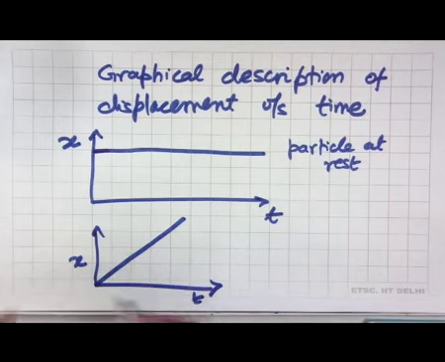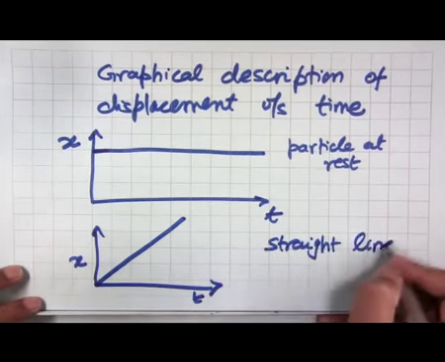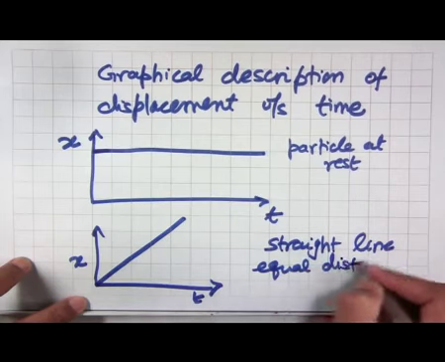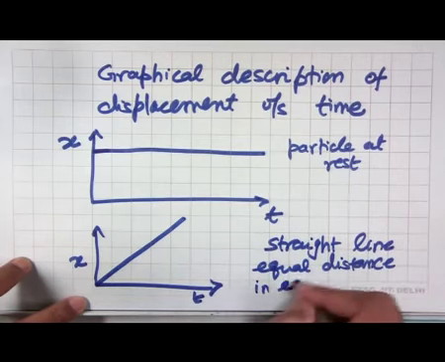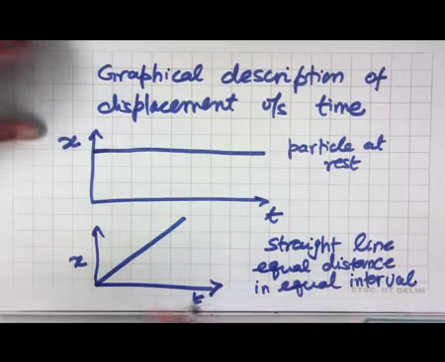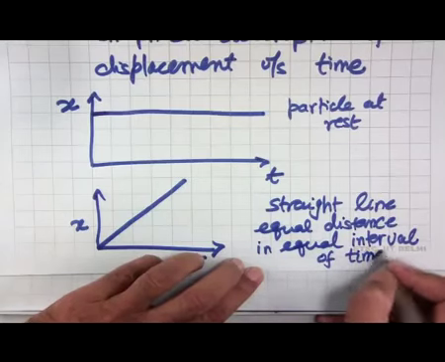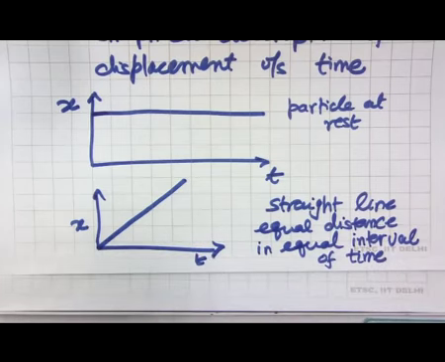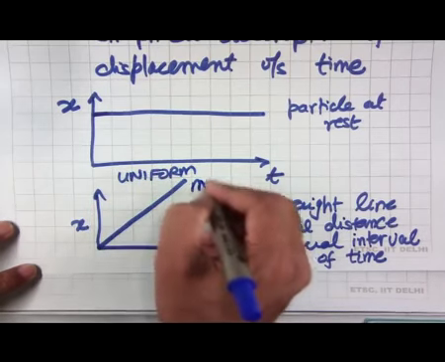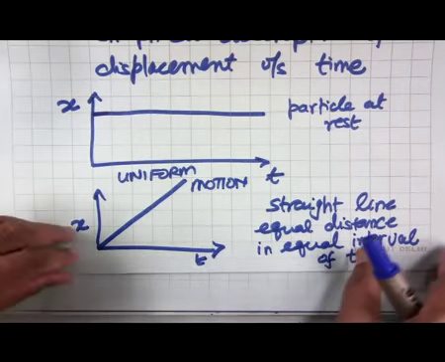And if this x t curve is a straight line, this represents that the particle is moving equal distance in equal interval of time. And this motion is said to be a state of uniform motion, which means the particle is travelling at a rate which is constant.